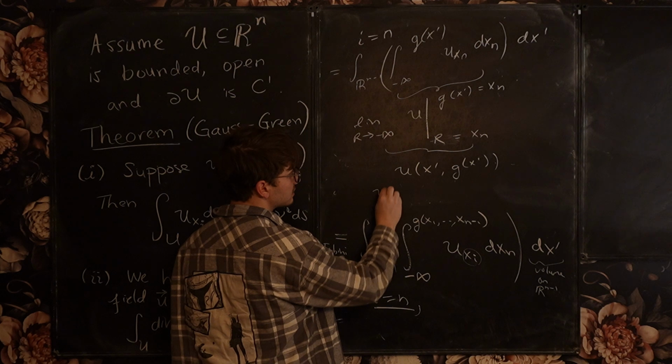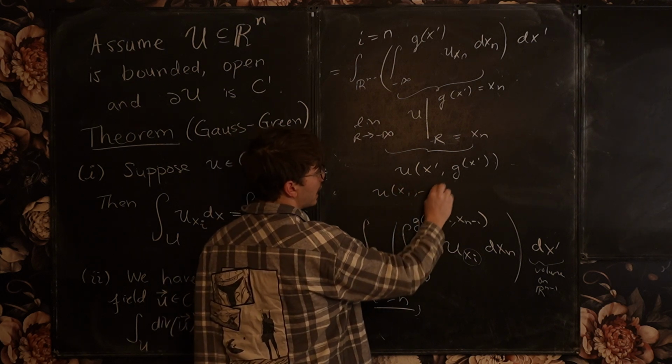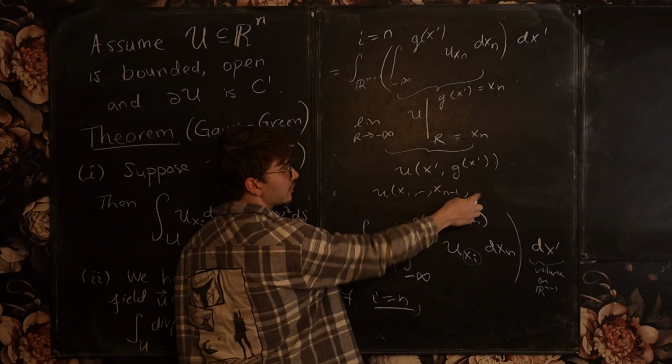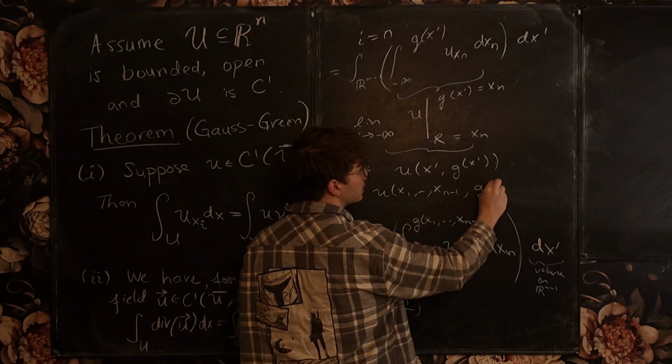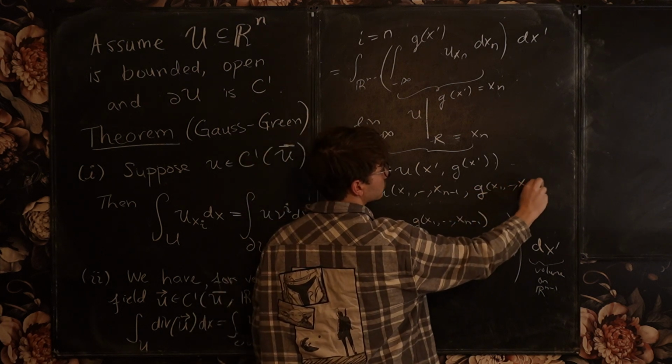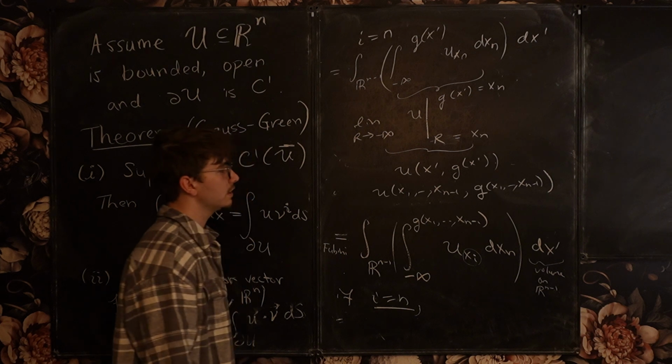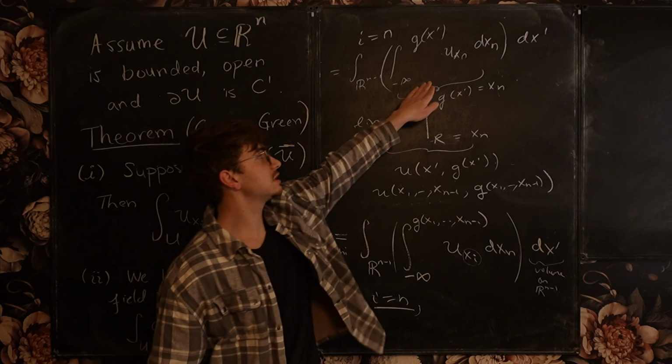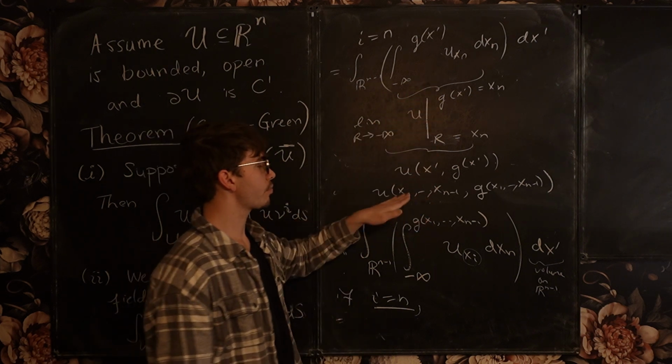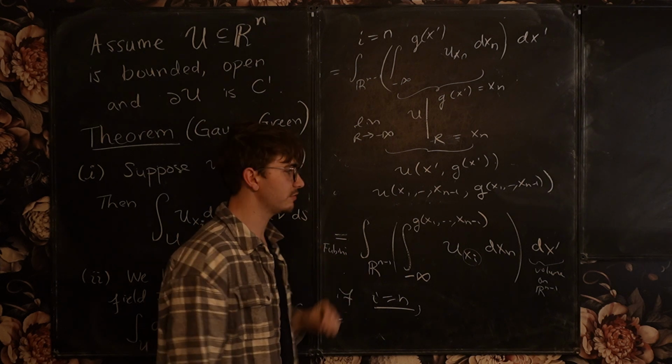Or I might as well write this as U of x1 through xn minus 1, and then the xnth coordinate gets evaluated to G of x1 through xn minus 1, okay? So this is what this integral is going to evaluate to, okay? And that's by the fundamental theorem of calculus in one variable.